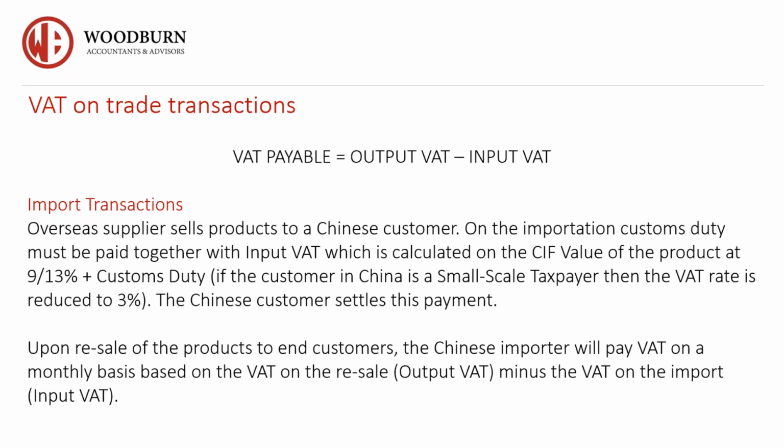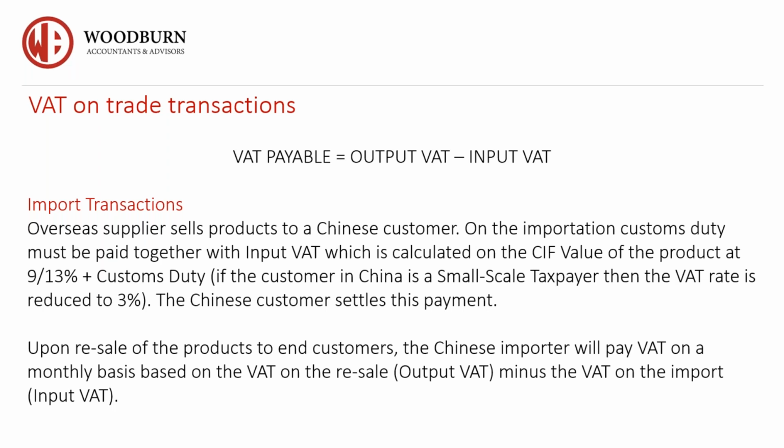On import transactions, goods arrive, they have to go through customs duty. Input VAT and customs duty need to be paid at the same time in order for the goods to be released. The input VAT, if you're a general VAT taxpayer, will then be deducted once you sell the goods to your end customers and add the VAT on those invoices.